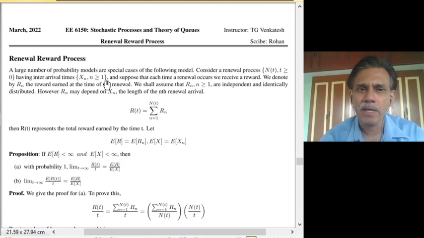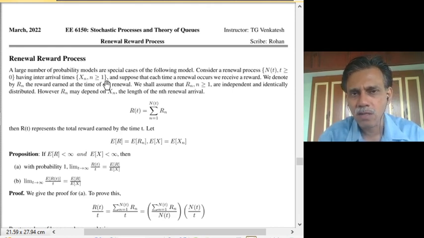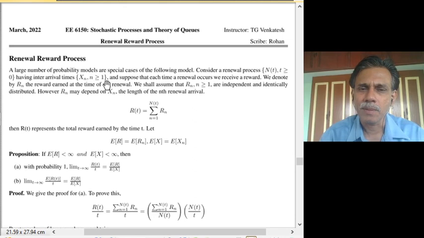Suppose each time a renewal occurs, we receive a reward. Reward is a very generalized term. As I mentioned, it can be a cost, it can be some performance benefit that we get out of a system, and so on.